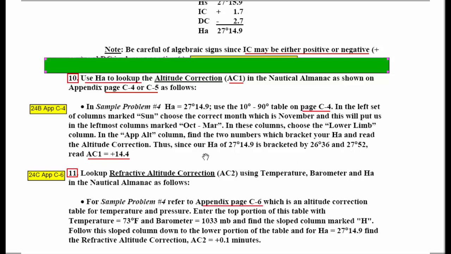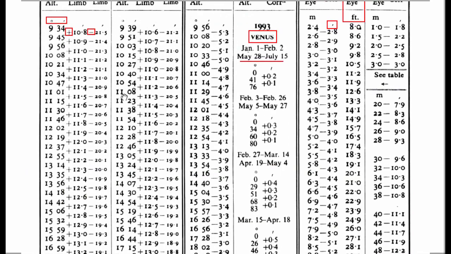Thus, since your HA of 27 degrees 14.9 is bracketed by 26 degrees 36 minutes and 27 degrees 52 minutes, read AC1 as 14.4. And here we are on page C4.